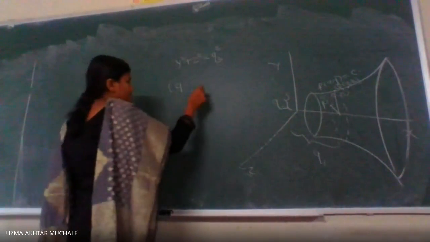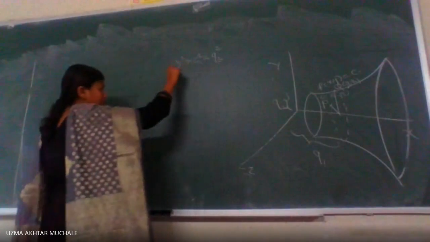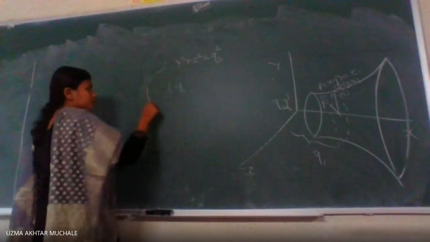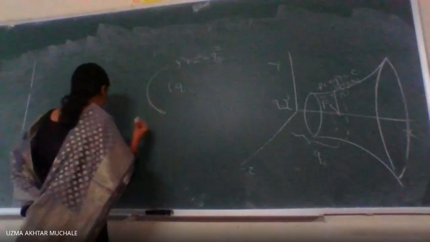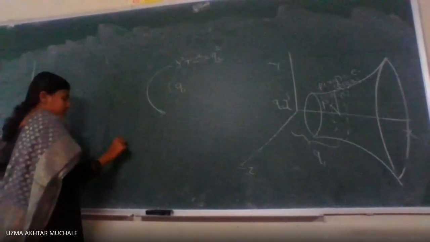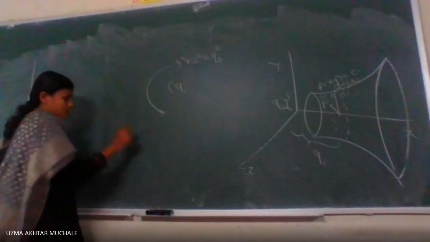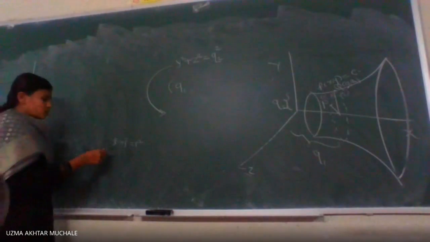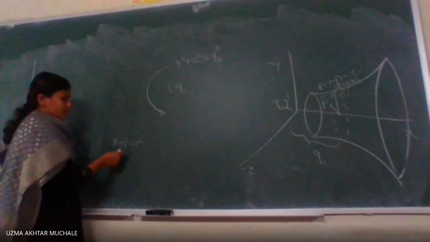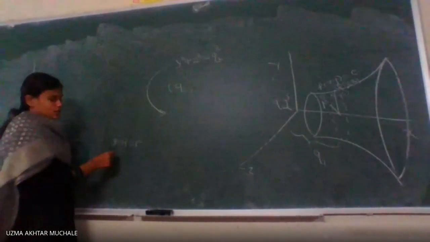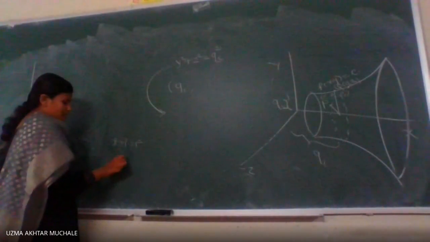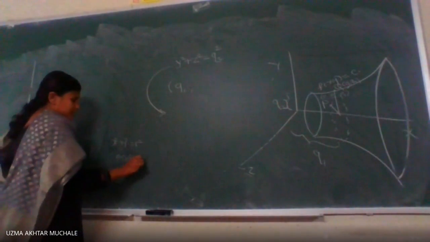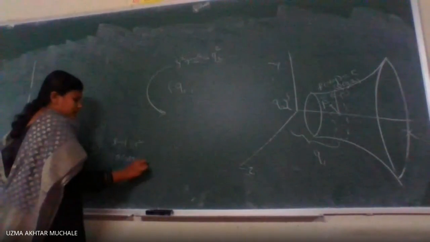Now let us write down the next two. To write down the next two, I must know what to use here. Suppose it is x square plus y square is equal to r square. How do we write the equation of a circle in terms of r and theta? It is nothing but x is r cos theta and y is r sin theta.